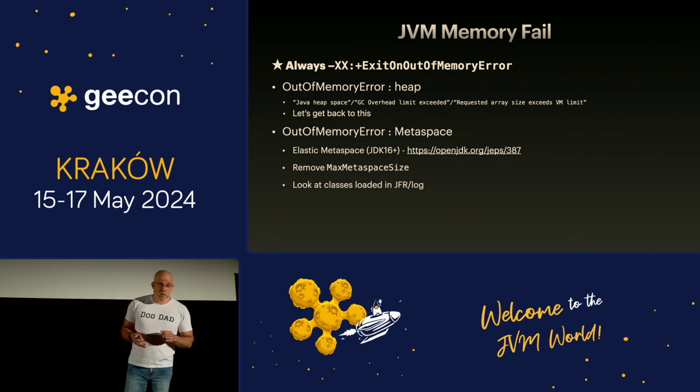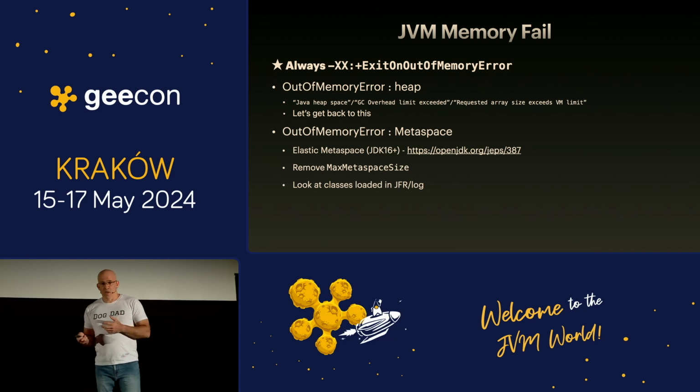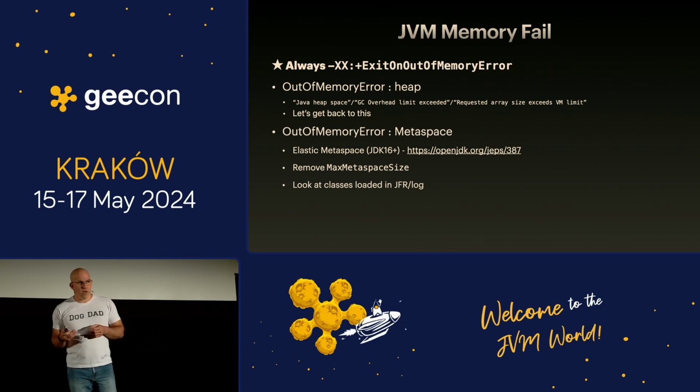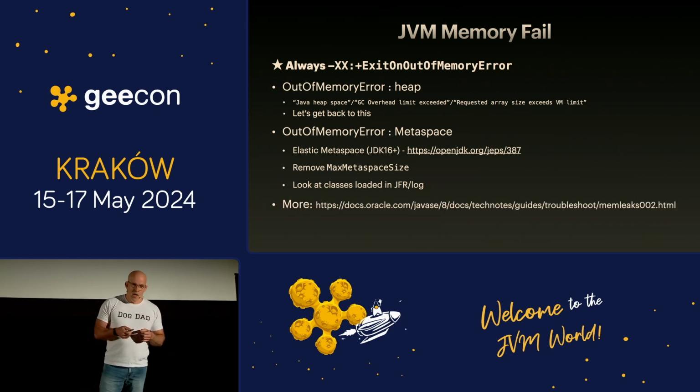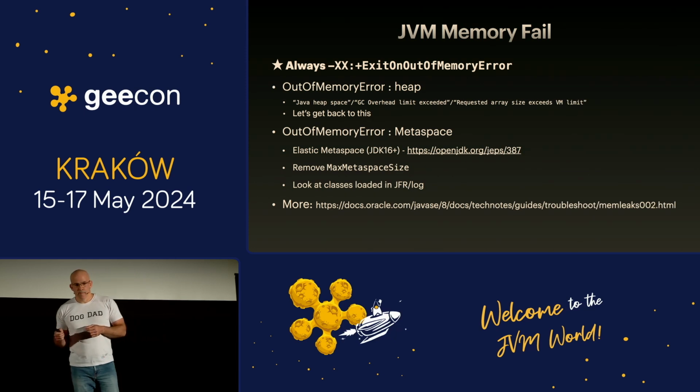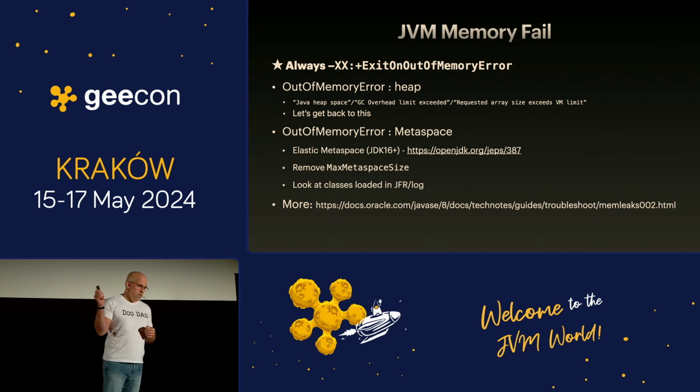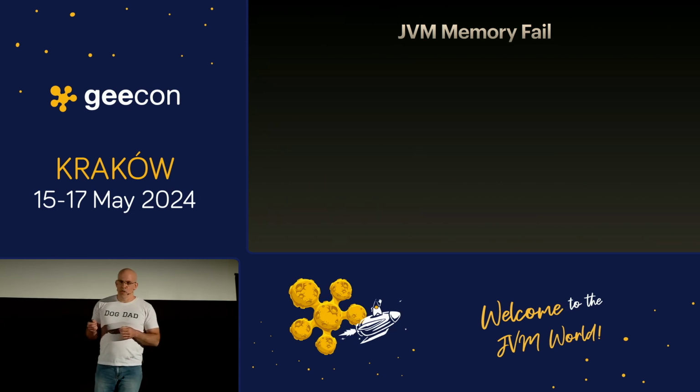Keep an eye on it. Maybe you have a class loader leak or something of that sort, so you can look at JFR or the class loading log to track that down. There are more out-of-memory error type exceptions you can get, so you can look at this page for more inspiration.